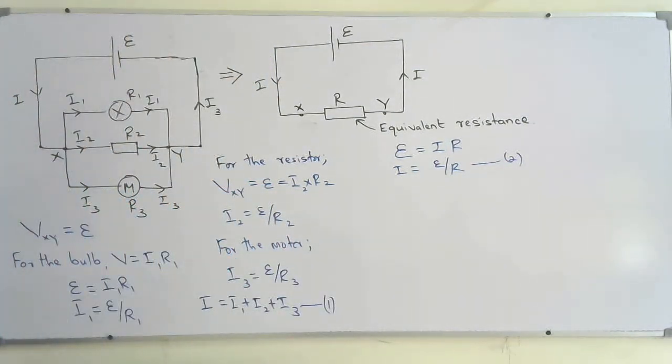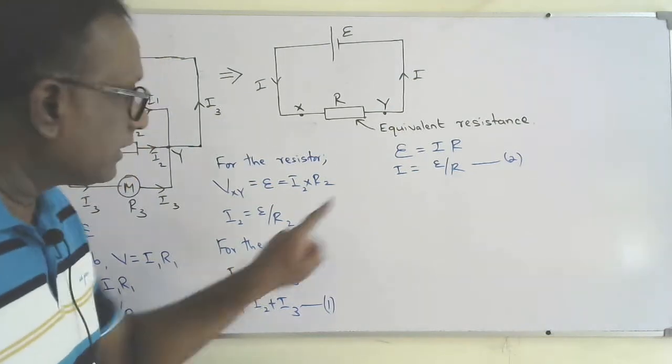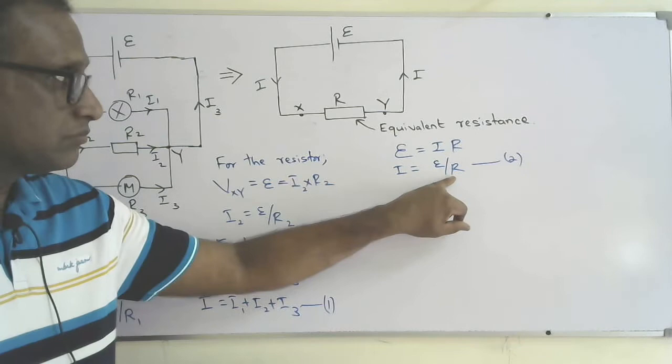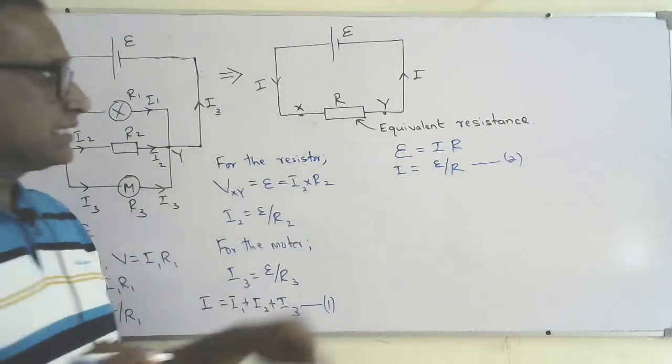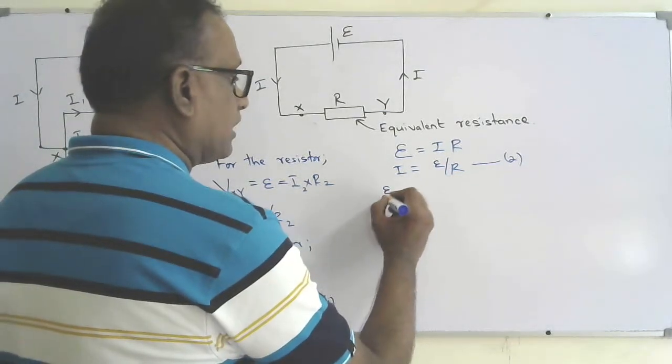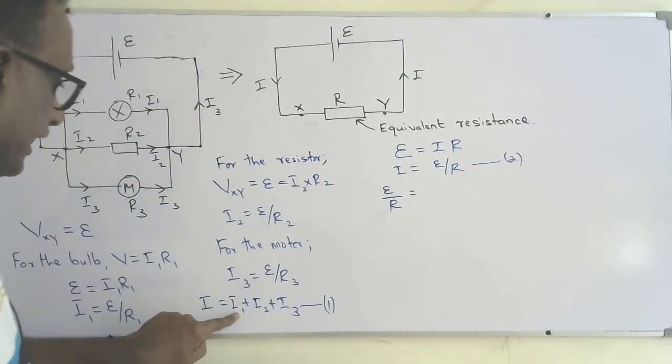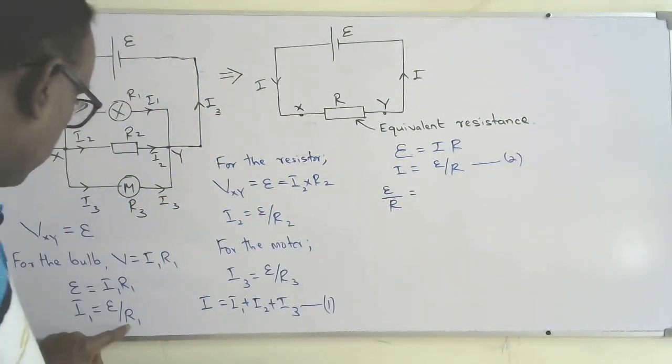When you consider equations 1 and 2, the left side is I, the same. Therefore, the right sides must be the same. So EMF over R equals, instead of I1, I can substitute EMF over R1.